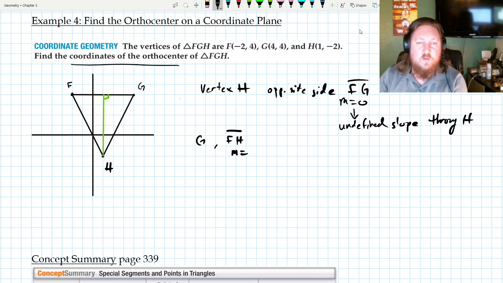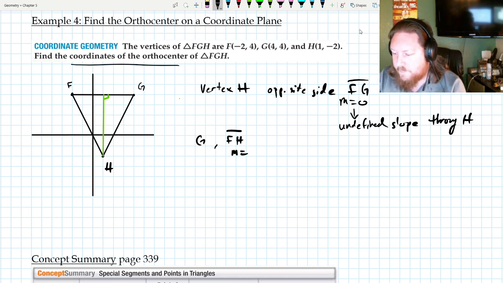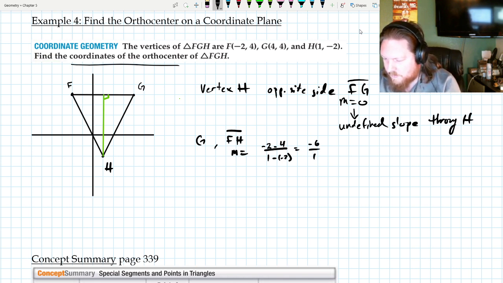Well, there are two ways of doing it, of course. There's the slope formula. That is going to be negative 2 minus 4 over 1 minus negative 2, or negative 6 over 3.